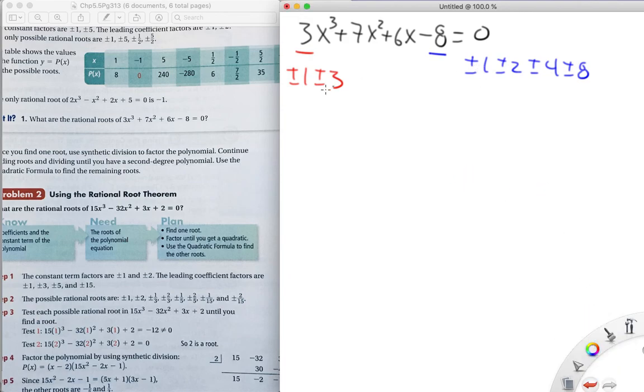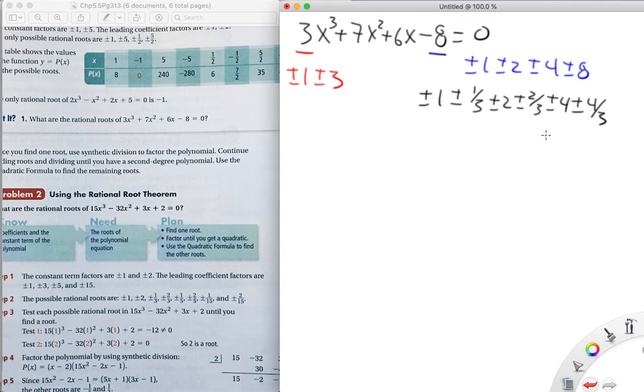So plus or minus 1 over plus or minus 1 is plus or minus 1. Plus or minus 1/3. 2 over 1 is plus or minus 2. 2 over 3, plus or minus 2/3. 4 over 1, plus or minus 4. 4 over 3, plus or minus 4/3.